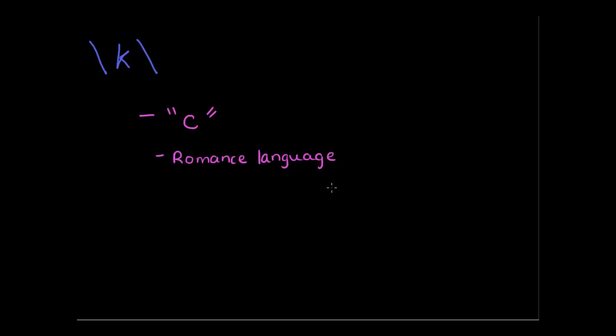Usually it's going to be a C before an A or an O because the C can still be hard. If the C is before an E or an I, we know the C is going to become soft. It's going to be S. We usually don't have many words with CU, even though this could work.